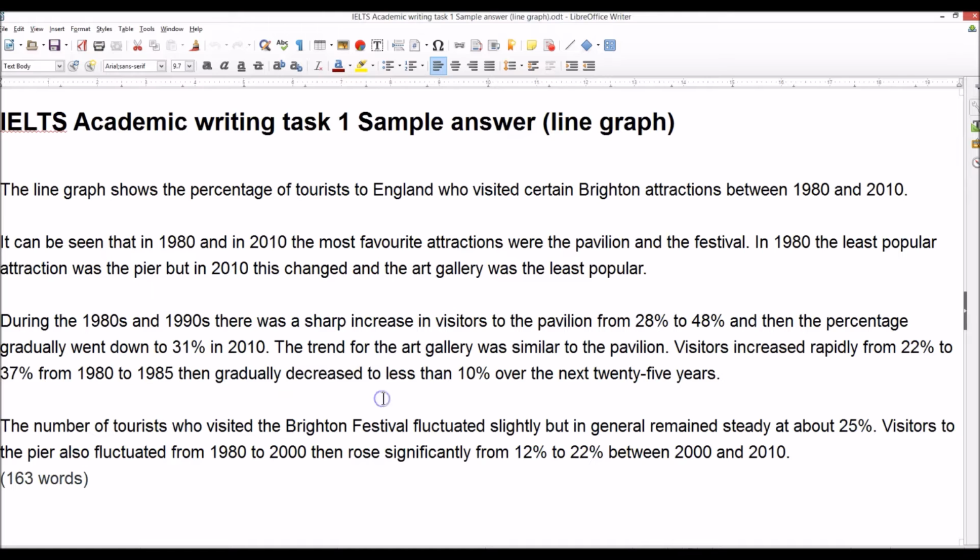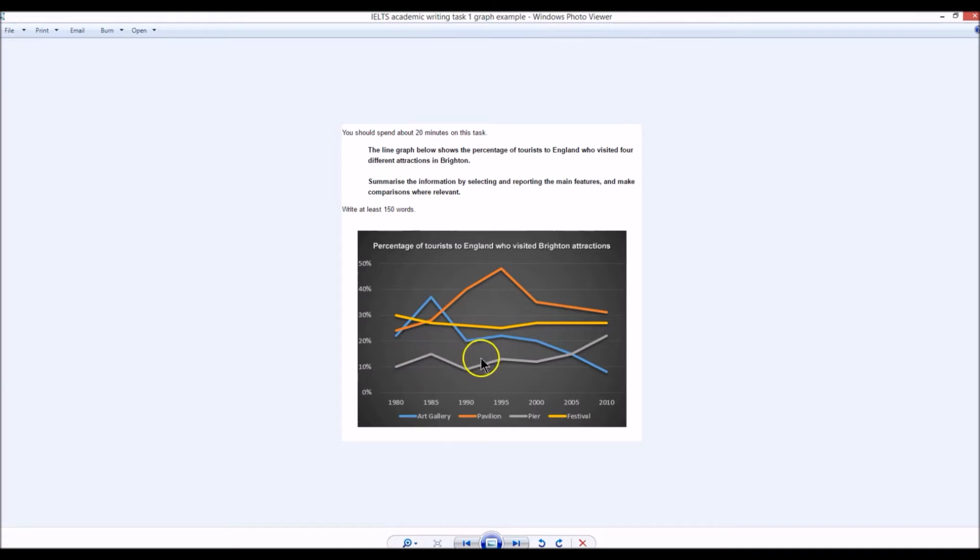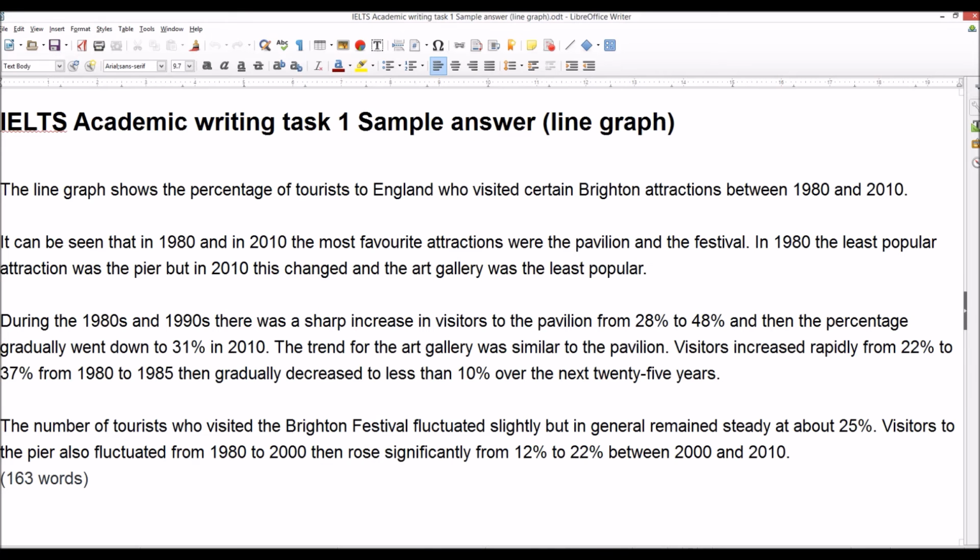Okay, and then we can put the last two in. The number of tourists who visited the Brighton Festival showed a fluctuation, as I said, but in general, not a lot of change.